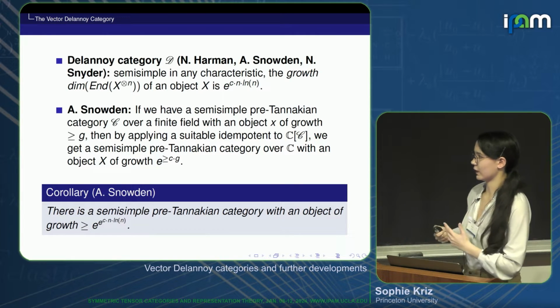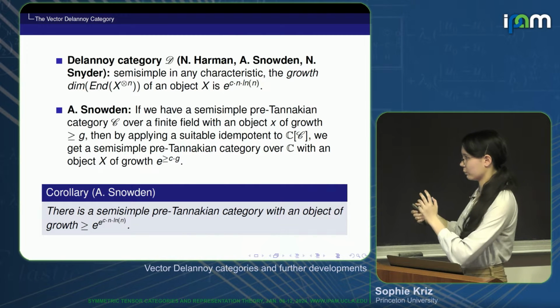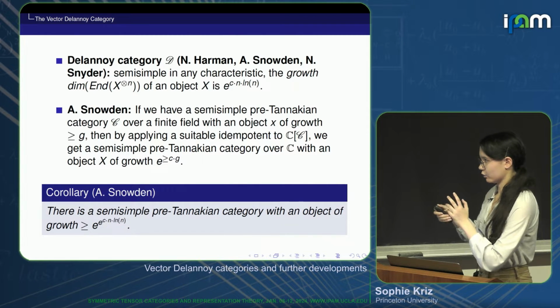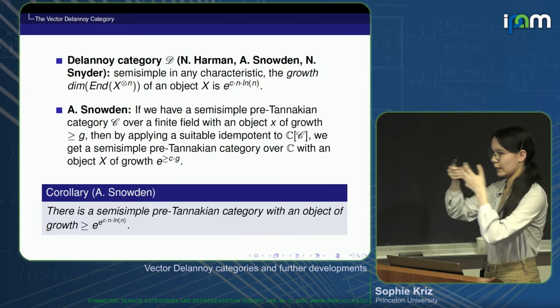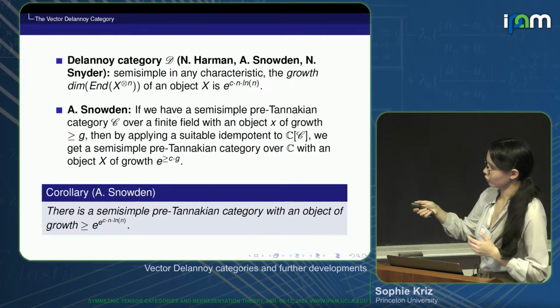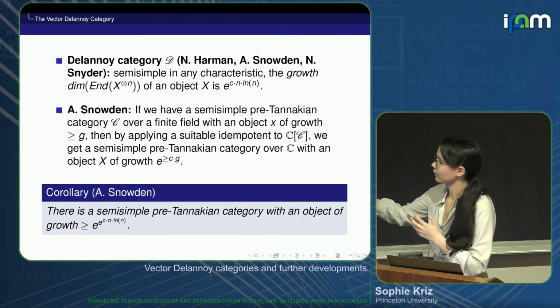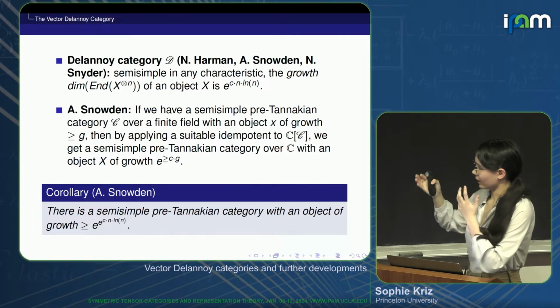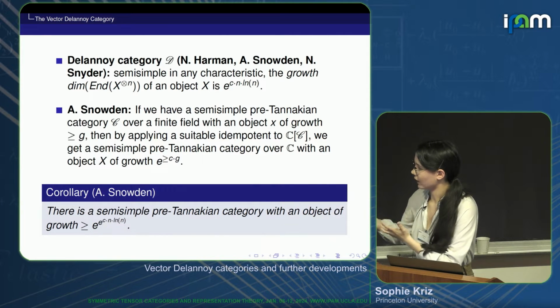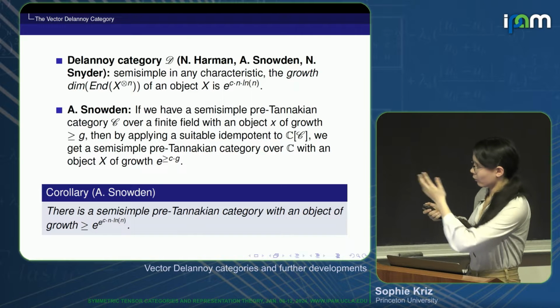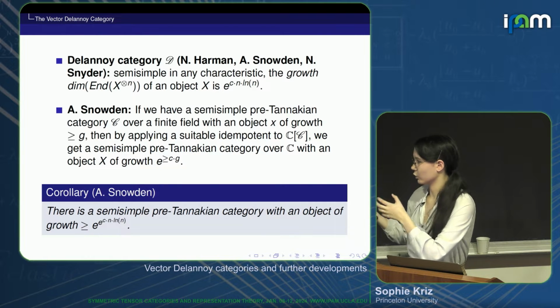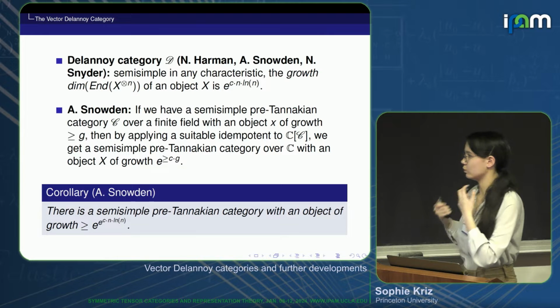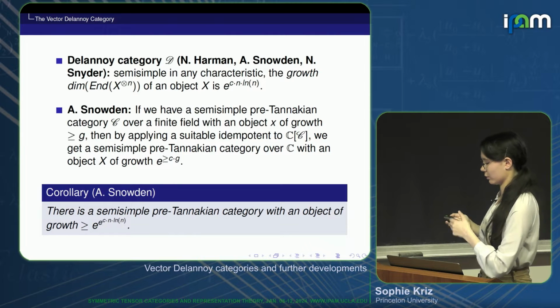We get a semi-simple pre-Tannakian category now over the complex numbers with an object x of growth one exponential power higher. And so in particular, this Delannoy category gives that there is a semi-simple pre-Tannakian category over the complex numbers with an object of growth at least now e to the c times n times the logarithm of n.